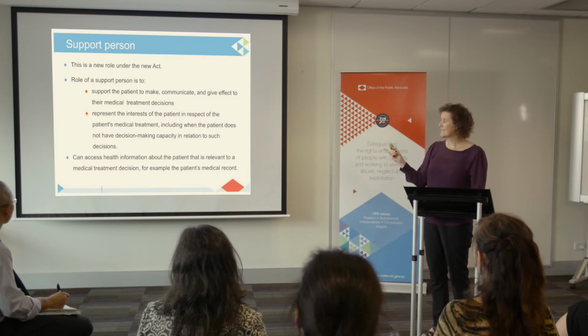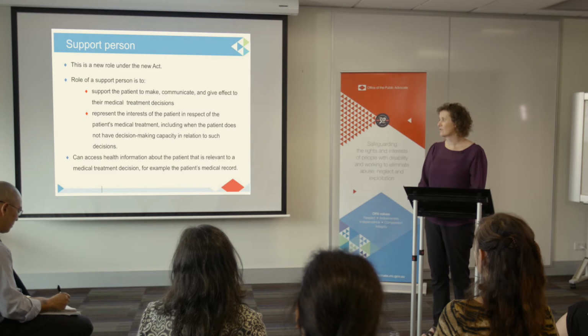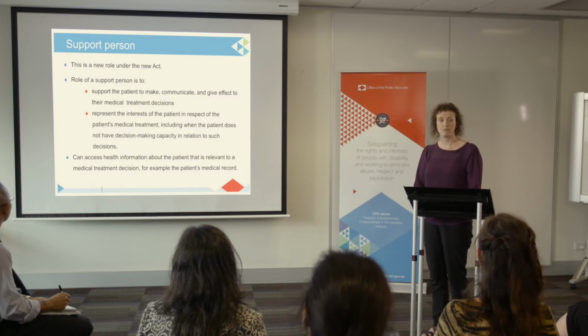And you'll notice that it says that support persons can also access the health information of the patient, for example, through their medical record, although the Act does say it has to be relevant to that medical decision. So not wanting to get their medical records from 10 years ago when something happened, but what's relevant to a medical treatment decision that's being made now.